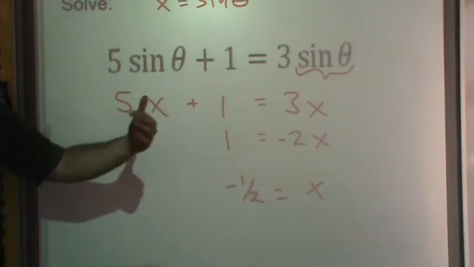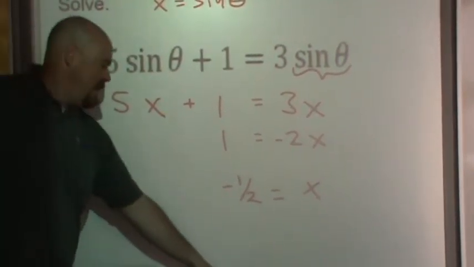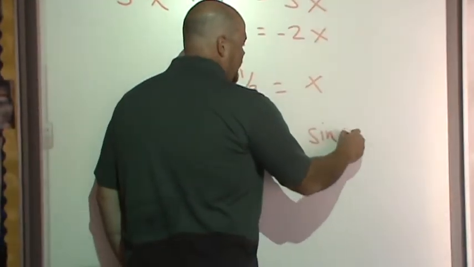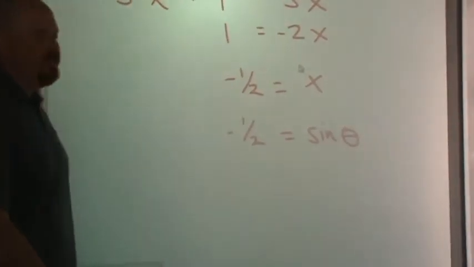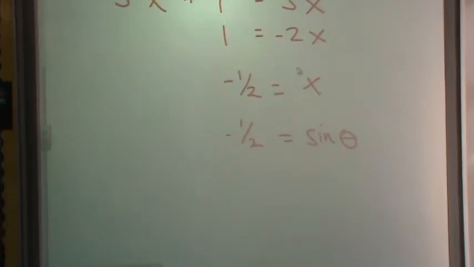But remember that from the beginning, x is sine theta. So we have to make that final substitution where we have, okay, it's really sine theta equals -1/2. And then to get theta, which is what we're solving for, x was not our variable, theta is our variable, right?